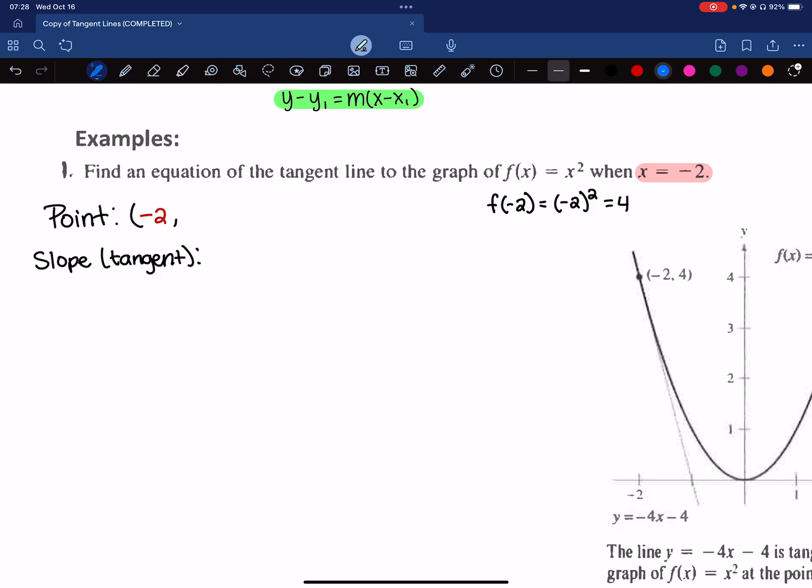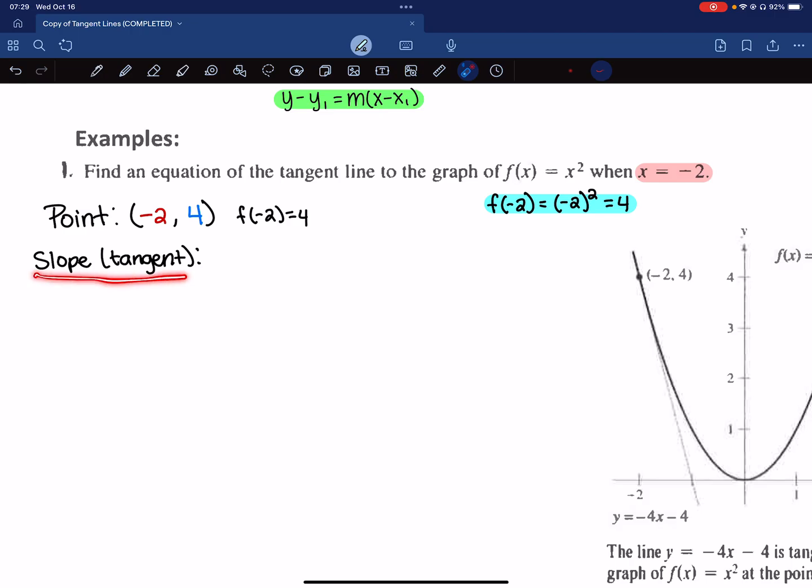So the other part of our point is 4. Now, one thing I do want you to get used to is seeing a point written as f of -2 equals 4, because that is the same thing.